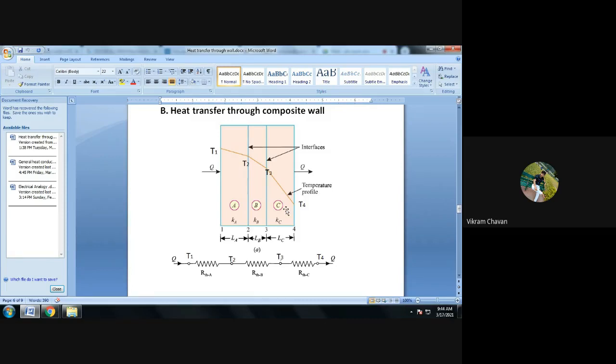Is there any doubt, any question? Whether you understood or not, please let me know. What is meant by composite wall, this particular diagram, and how the heat is constant throughout the slab and for each individual slab. Is there any doubt, any question?